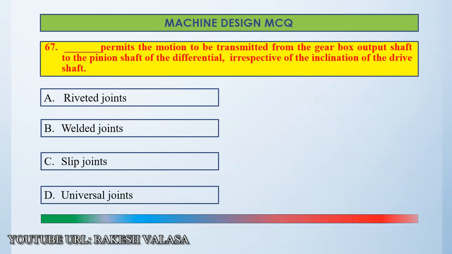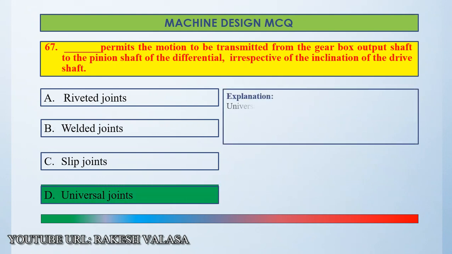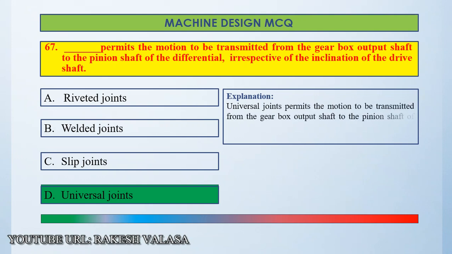The correct answer is option D, universal joints. Let us see the explanation. Universal joints permit the motion to be transmitted from the gearbox output shaft to the pinion shaft of the differential, irrespective of the inclination of the drive shaft. So the correct answer is option D, universal joints.